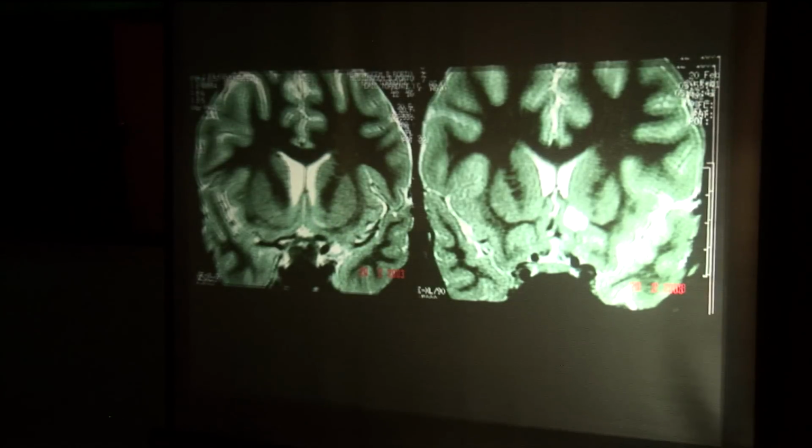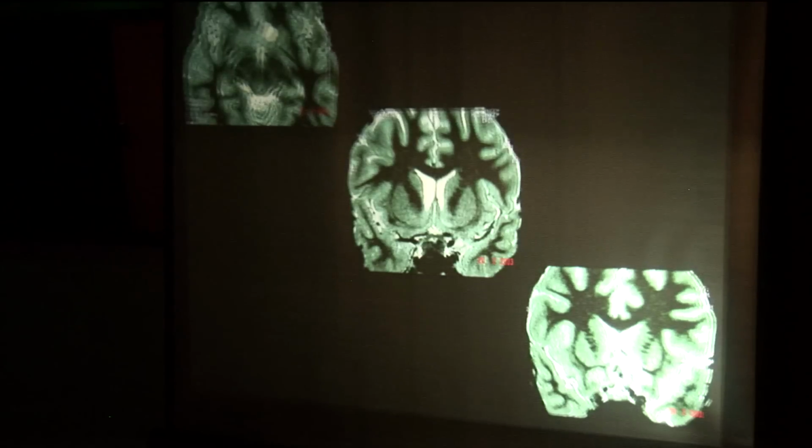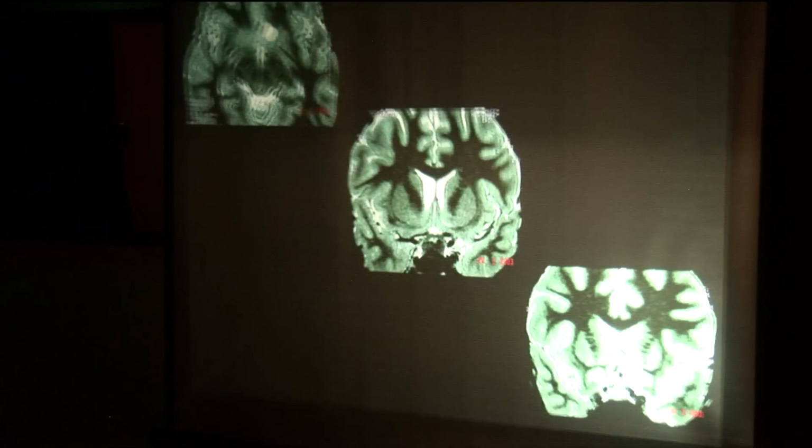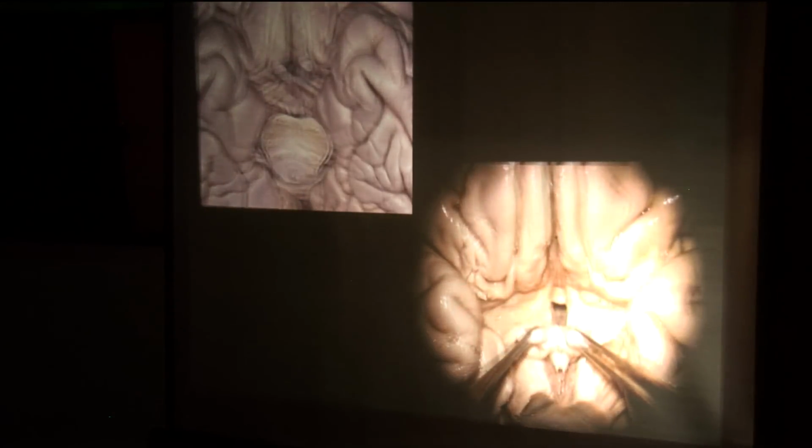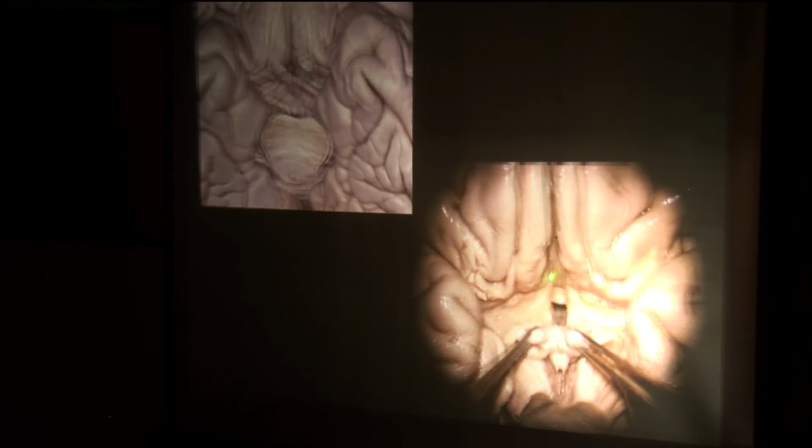Accumbens, ventral striatum. So again, our lesion, as we know, is just inferior to the head of the caudate, underneath the accumbens. So anterior to the anterior commissure, underneath the accumbens. Our lesion is right here.